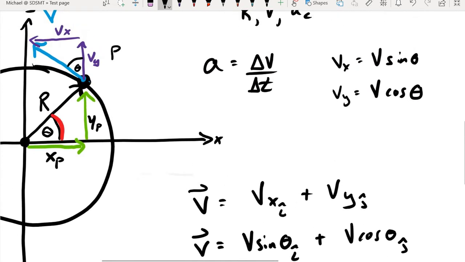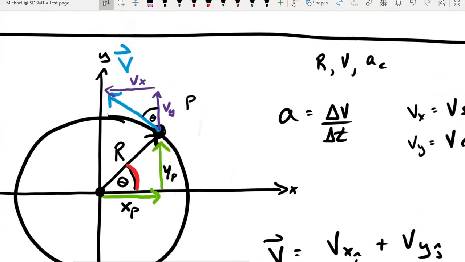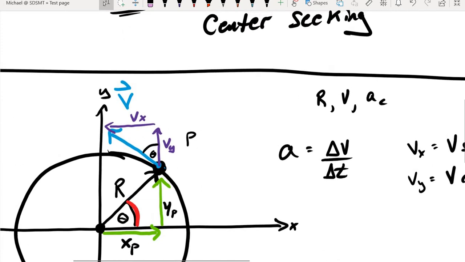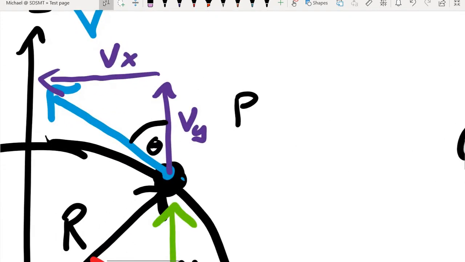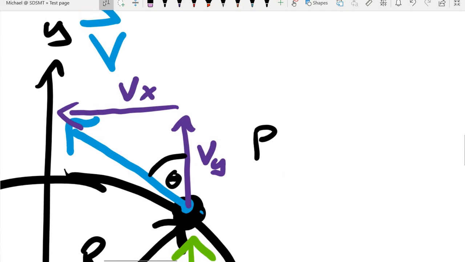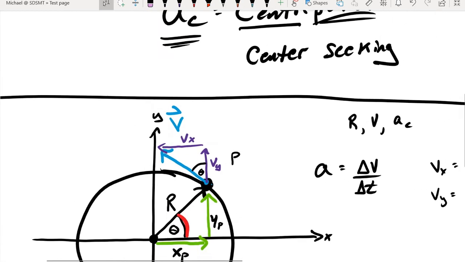But another thing that I want to bring our attention to is, given the placement of vector p, if we look at the components of our velocity vector, you'll notice that the x component is currently negative and the y component is positive.